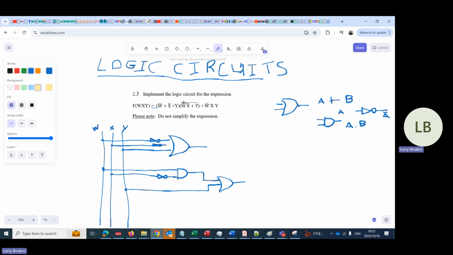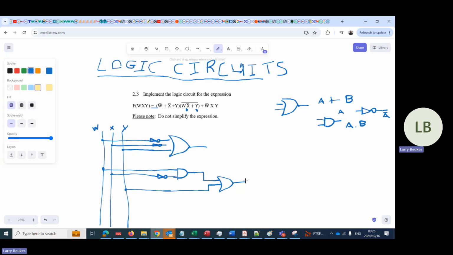So Y, this is the first input, and then this is the second input, right? So now we have WX naught plus Y, right? But we can see that we need to complement everything. So this whole thing we need to complement.